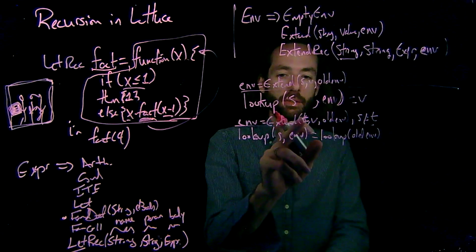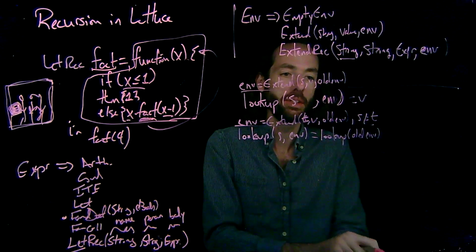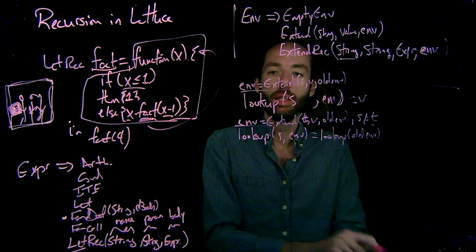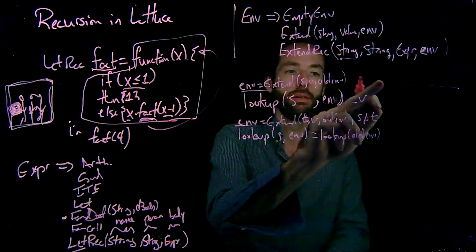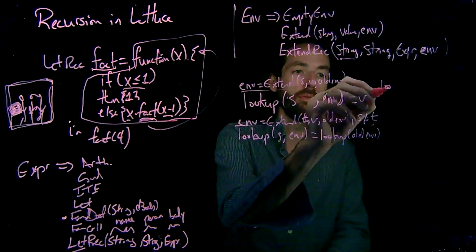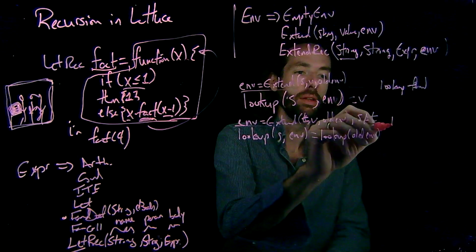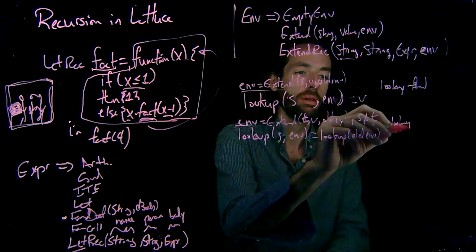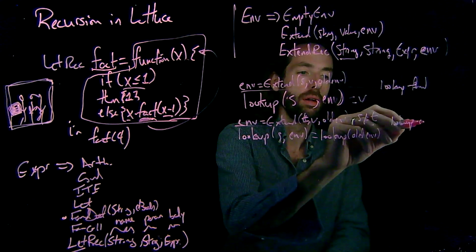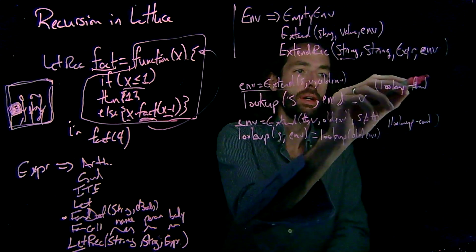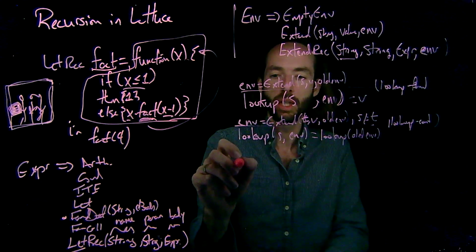So the idea is that if we don't match at the current head of this list of maps, we just recurse down to the old environment. And so those are the two: lookup found, and then lookup recurse, or continue.